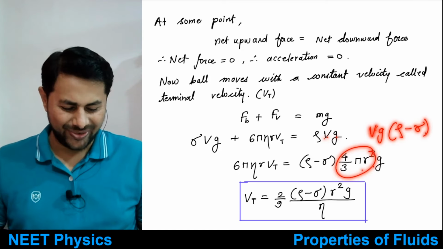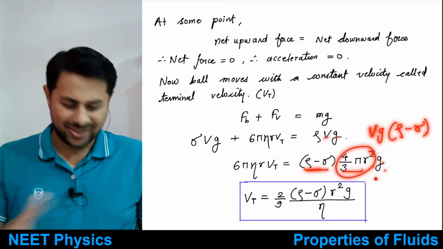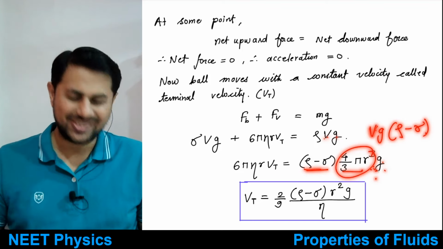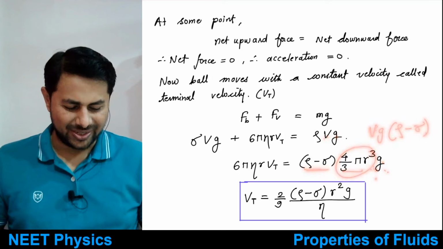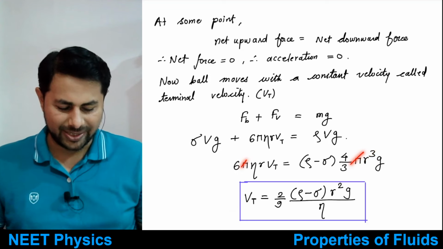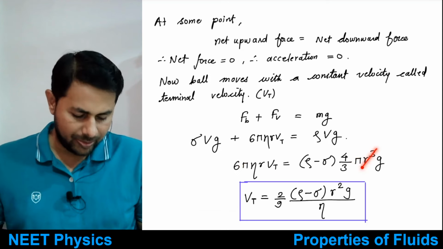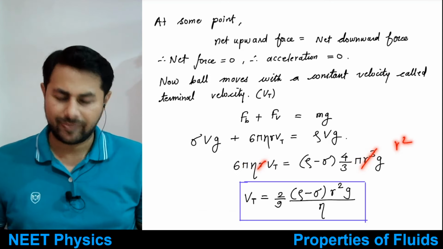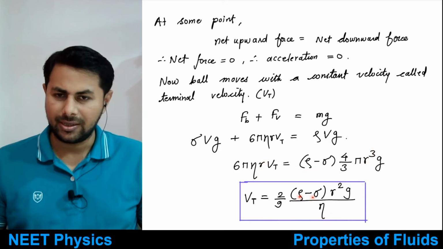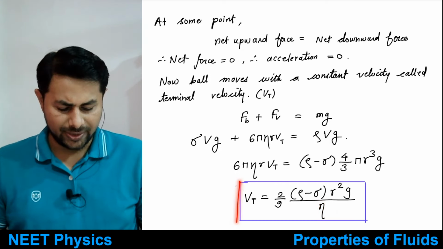So you get rho minus sigma, 4 by 3 pi r cube times g, and then there is some cancellation. Pi will get cancelled, and if you divide r cube by r, you will get r square. So you get the formula Vt is equal to 2 by 9 rho minus sigma r square g divided by eta. So the derivation is very, very simple.